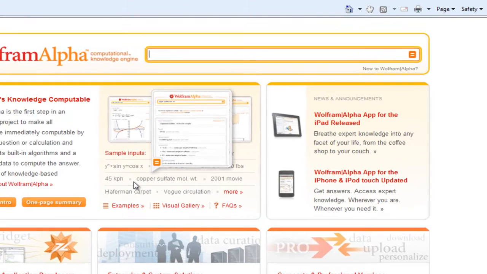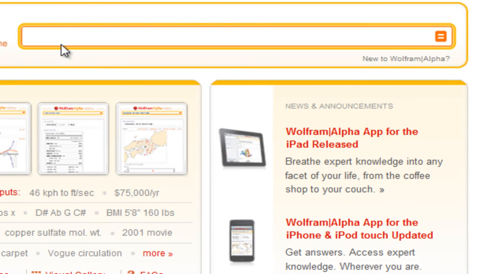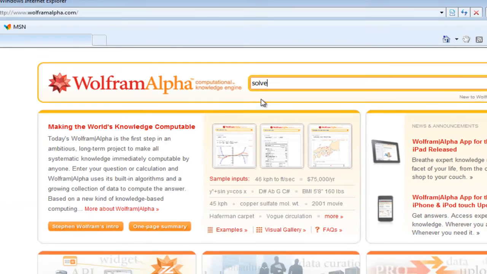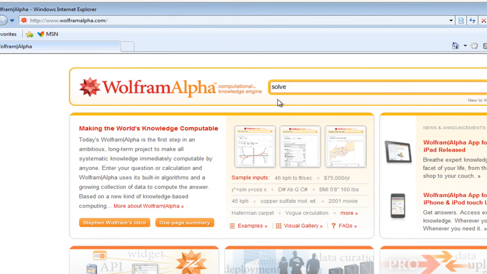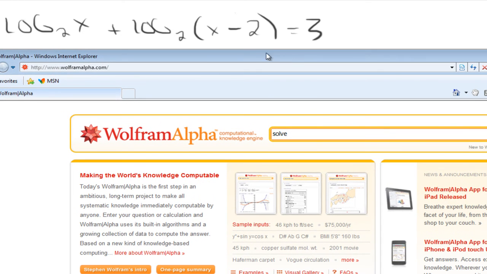So what Wolfram Alpha does is you can just type in whatever input you want here, and it can do most any math problem that you can come up with. It's very powerful. So I'm going to type in solve, because we want to solve an equation. And I'm going to just type it in just as we see it here. It recognizes it.